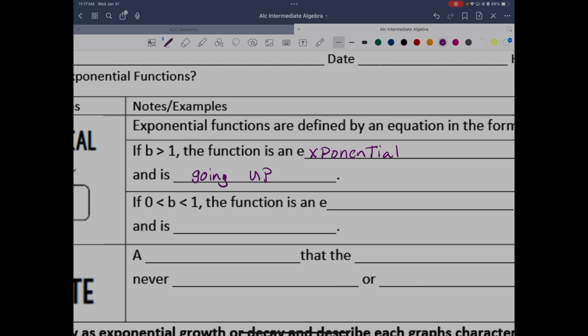So that's what we call exponential growth, where your graph is going to be going up.